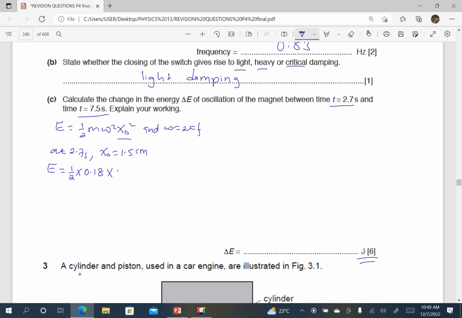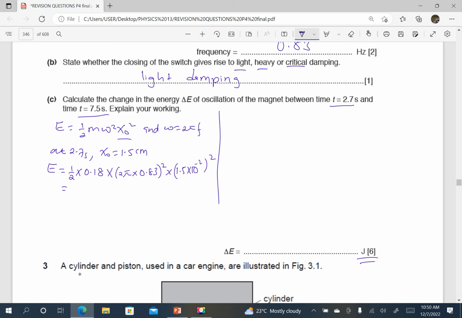Omega is 2 pi f, so it will be 2 pi times 0.83, and that is squared. Then times x naught, which is 1.5 times 10 power negative 2, also squared. So this is the energy at that time.